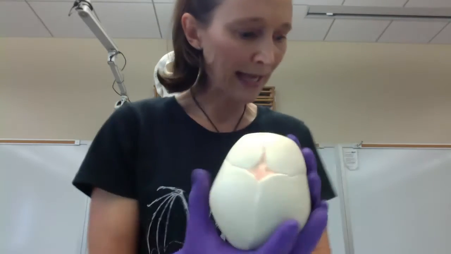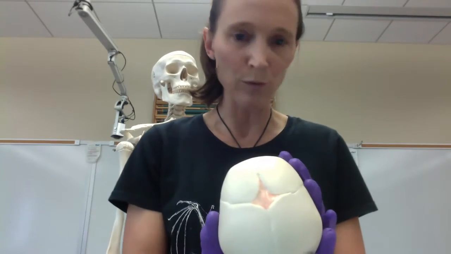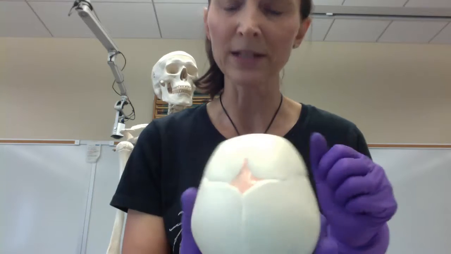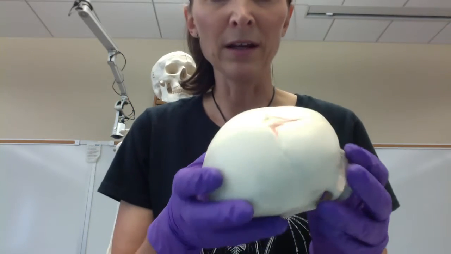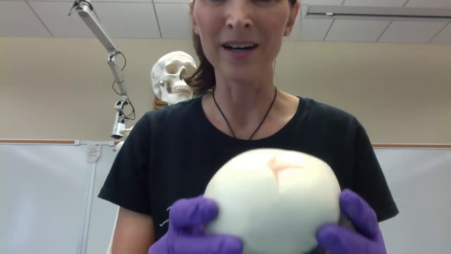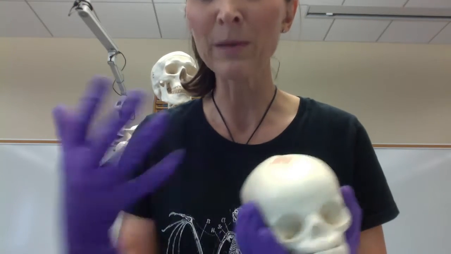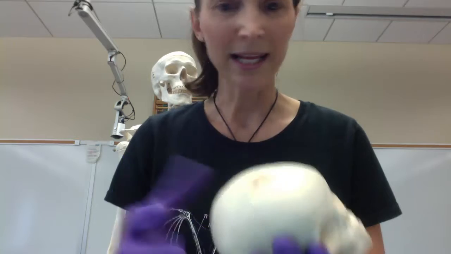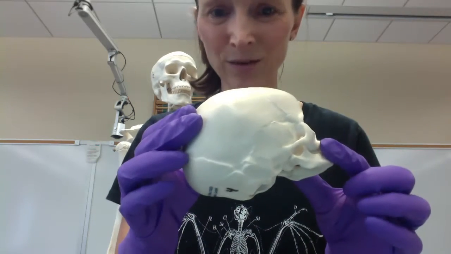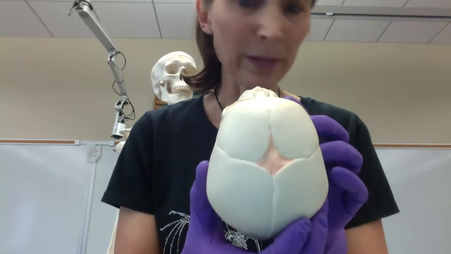So again, just to give you a little bit of clarification on that, because for some reason on every quiz where I mark the sutures on the adult skull, people always put in fontanelles. And again, they're only going to be on these infant skulls. That's the only place that you're going to see them.